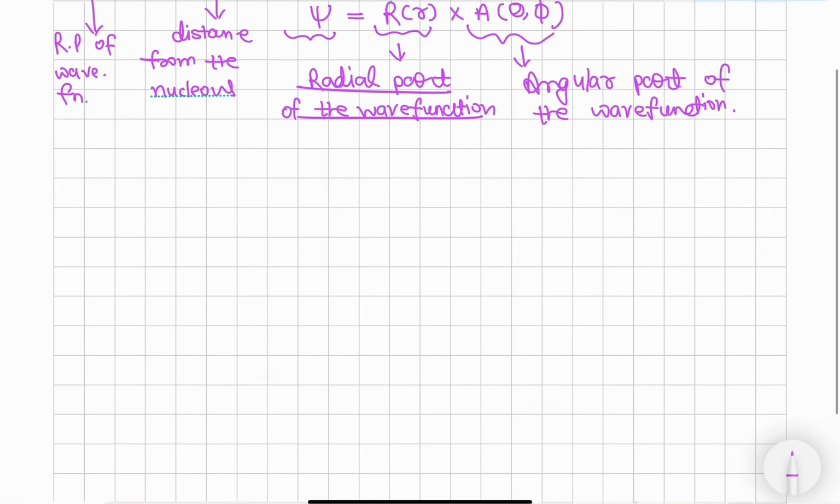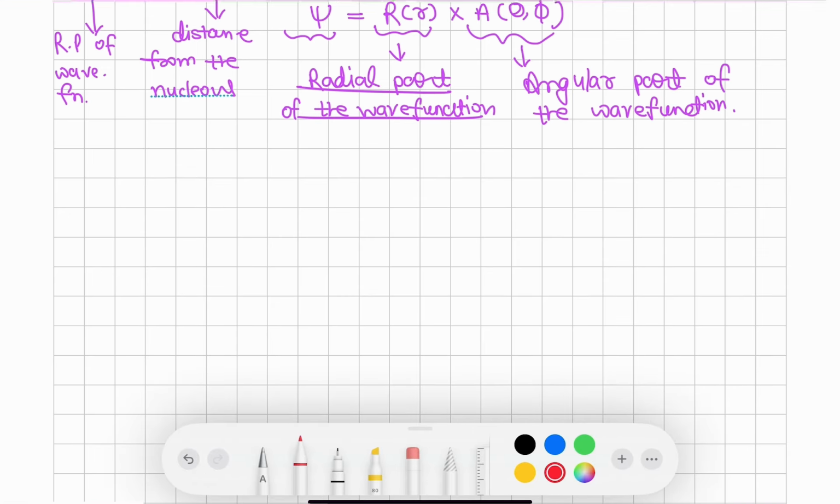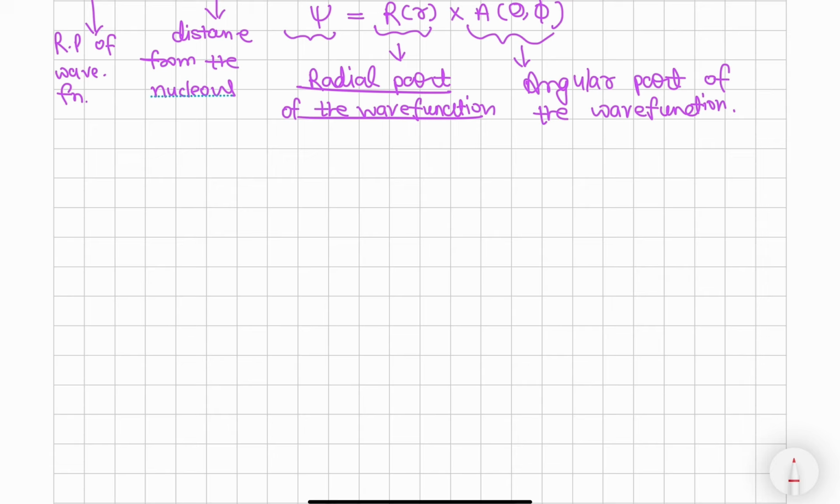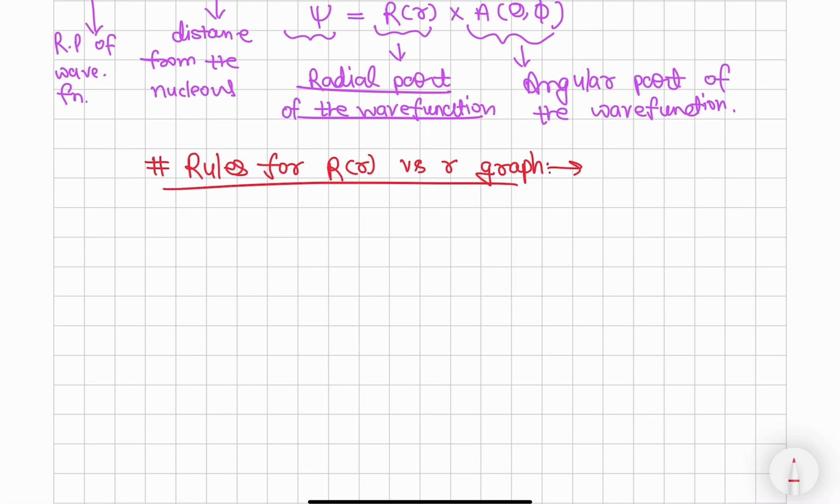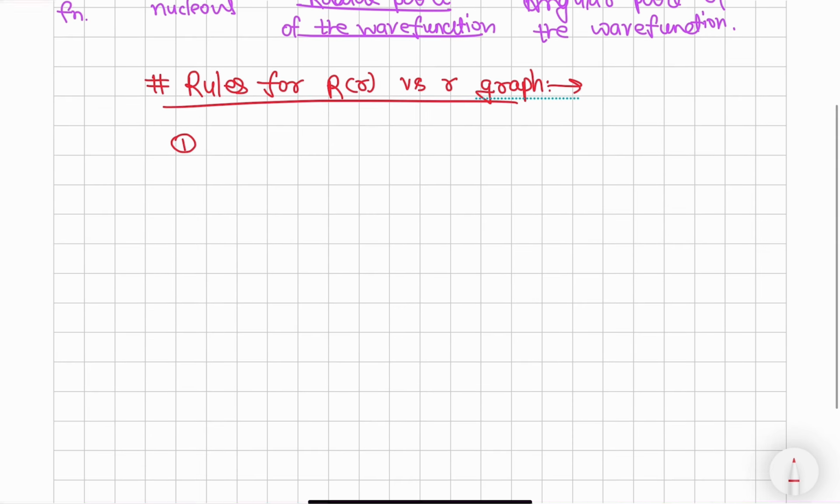We will now write rules for the R(r) versus r graph. Rule number 1: always consider the nucleus at the origin.